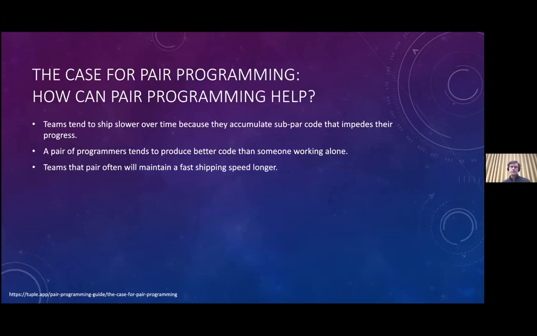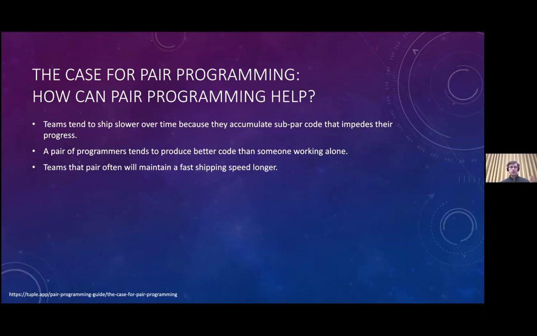So the case for pair programming really boils down, and this is from a website that sells a tool for pairing, to this: they say that the biggest problem with teams producing code is that as they produce code, the quality of their code tends to go down, and as the quality of the code goes down, the slower it takes to deal with that subpar quality code.